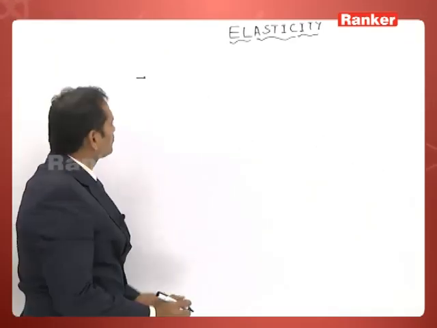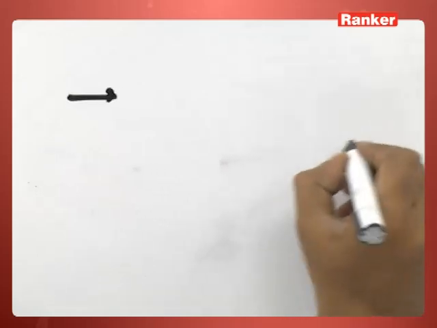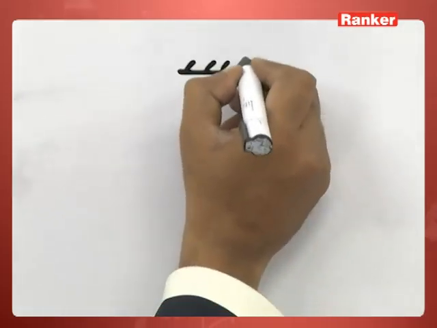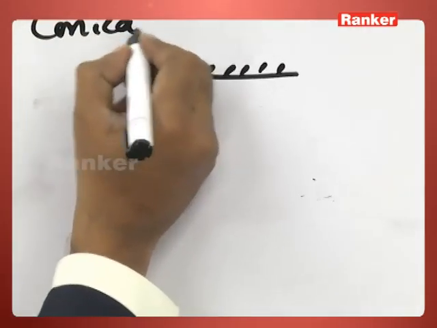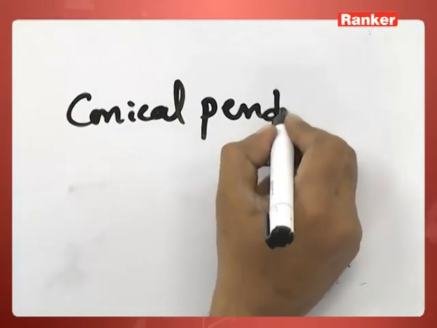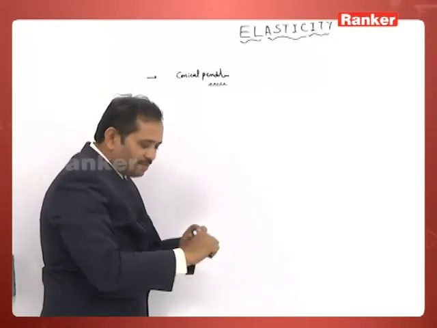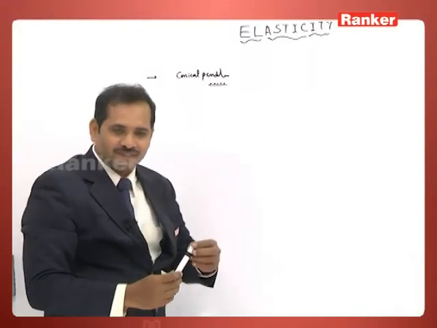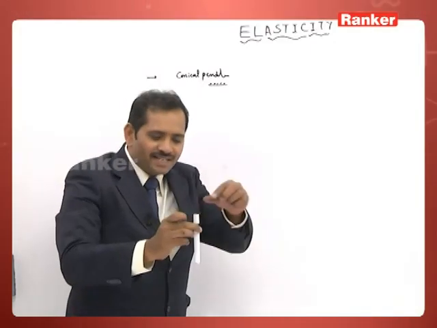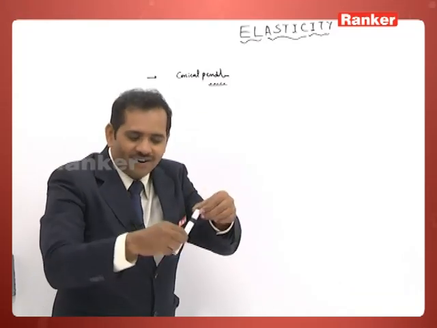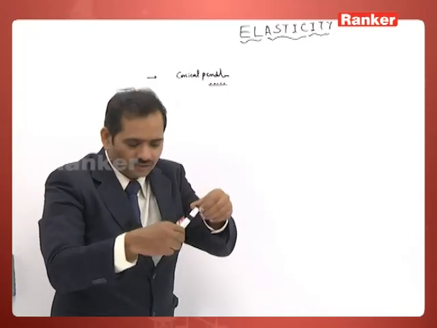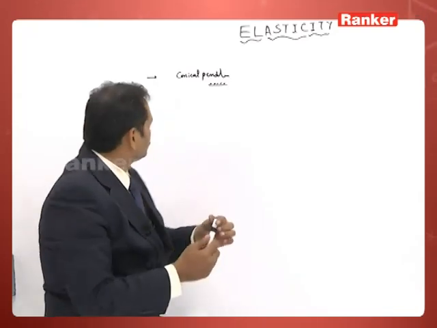that is the conical pendulum. Conical pendulum is a beautiful application. Imagine a bob performing a horizontal circle like this.